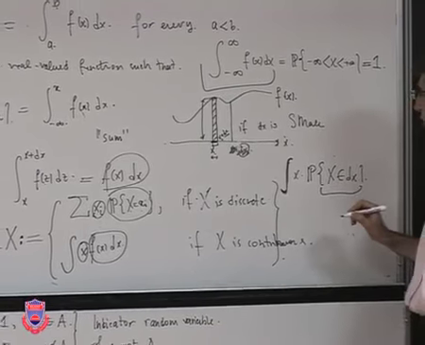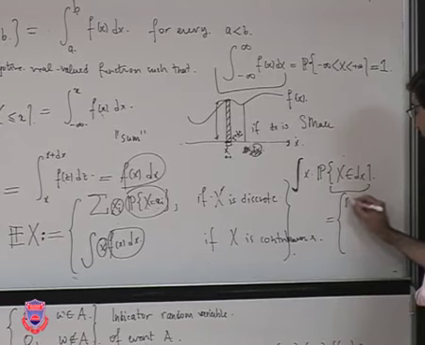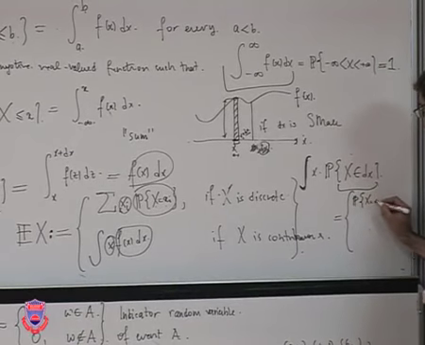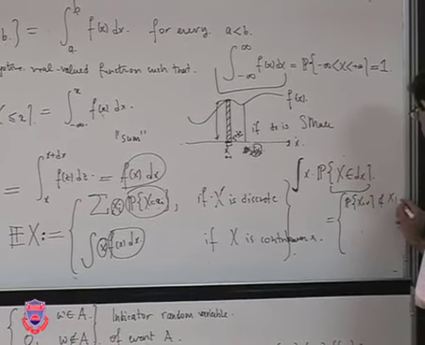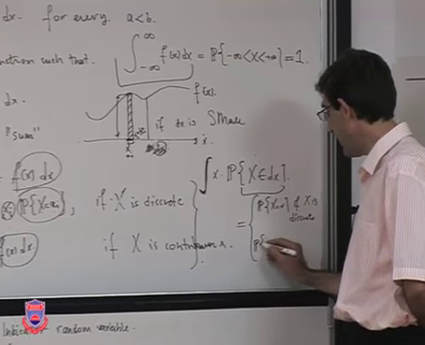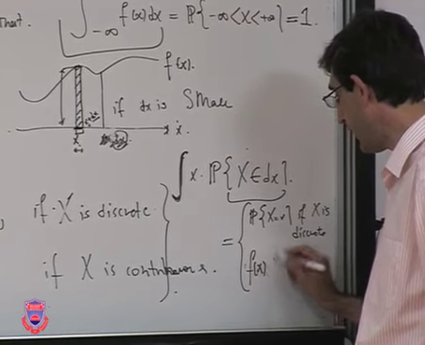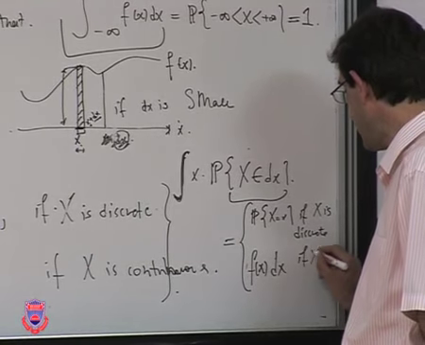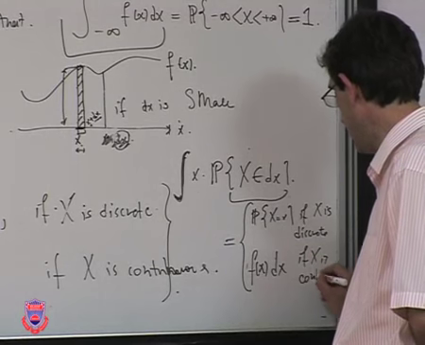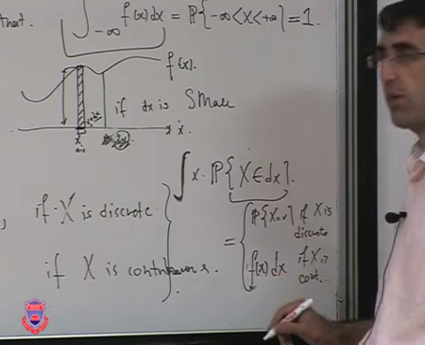This is just a notation which stands for the probability that X equals small x if X is discrete, and f of x times dx if X is continuously distributed with probability density function f.